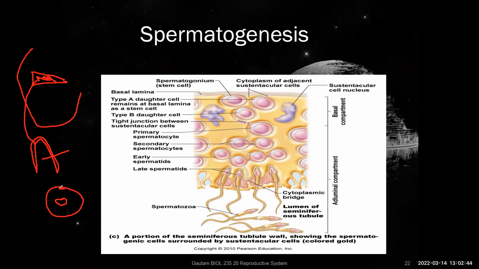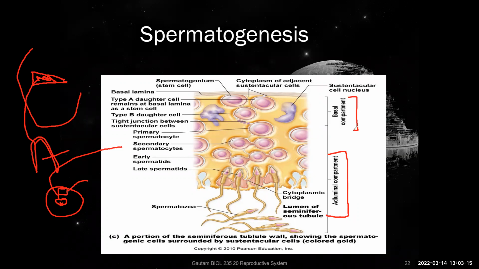And this region here, right? This is, of course, the lumen in here. This region is what you're seeing here, okay? So this region, you can see that this is the lumen. This is the space inside, right? And so that region that's next to the lumen is called the adluminal compartment. The region that is further towards the top, this region here, is the basal compartment.